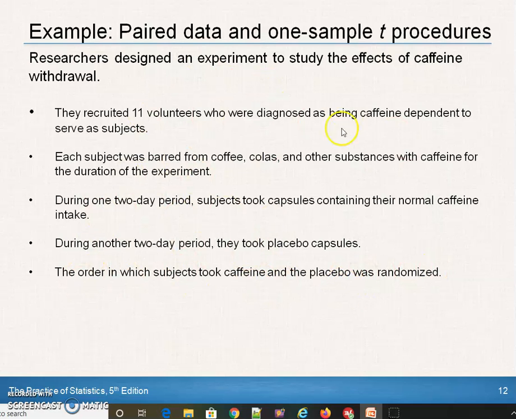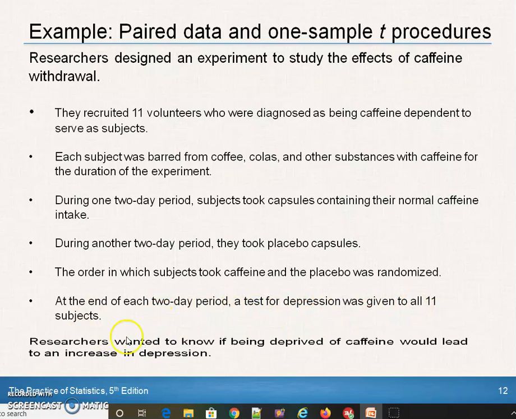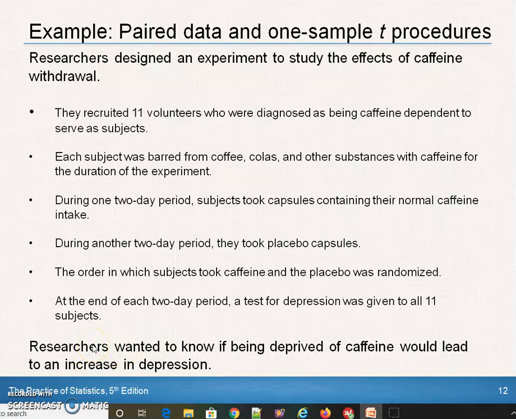That's how we would get rid of some of the problems that you might get. At the end of each 2-day period, a test for depression was given to all 11 subjects. And they wanted to know if being deprived of caffeine would lead to an increase in depression.